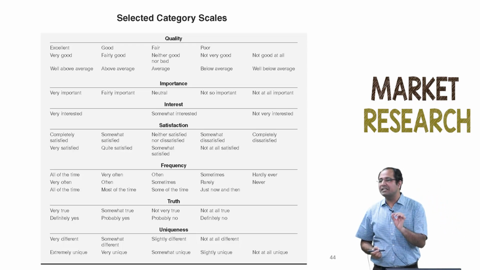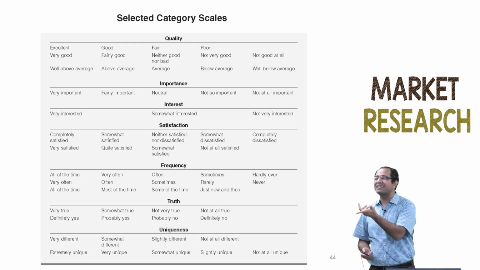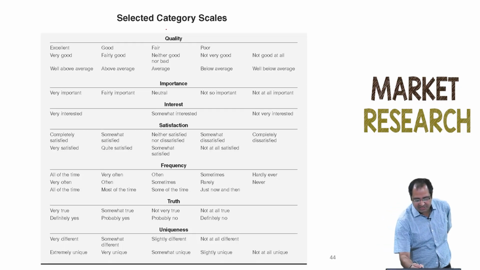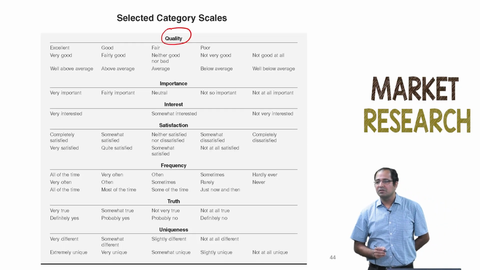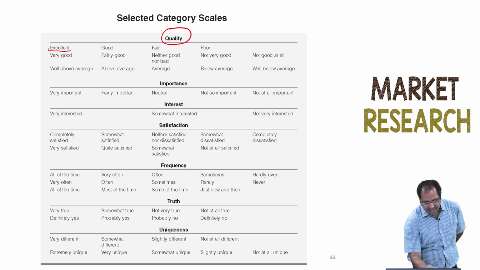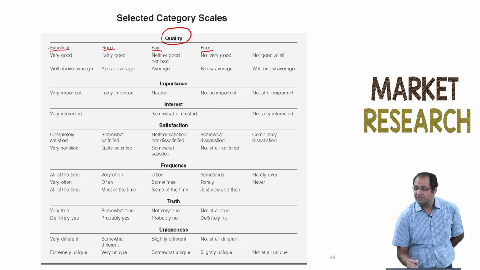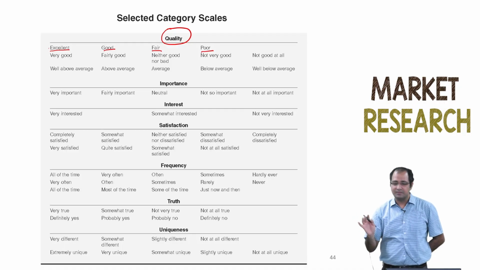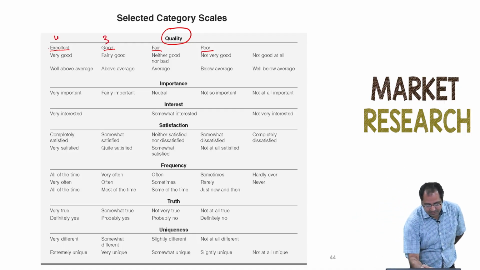So when we use descriptors like strongly agree, strongly disagree, that is one type. There are other descriptors that relate to quality. When you are measuring quality, you can use excellent, good, fair, poor. So this is 4 points: 4, 3, 2, 1.